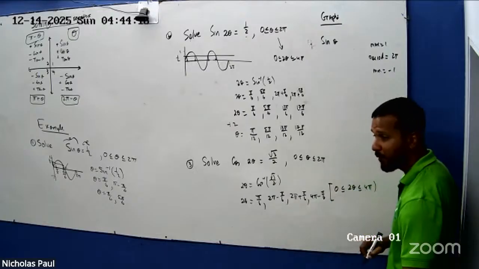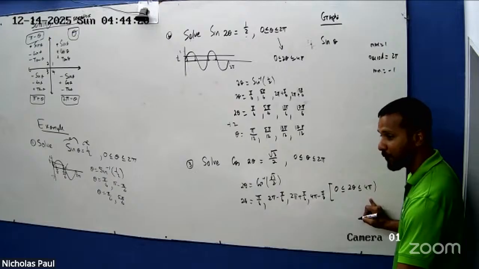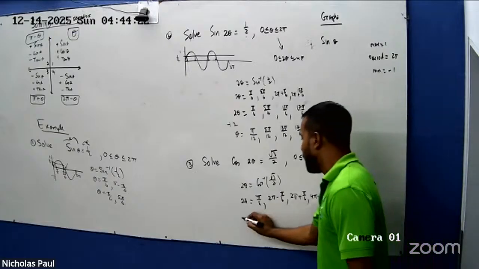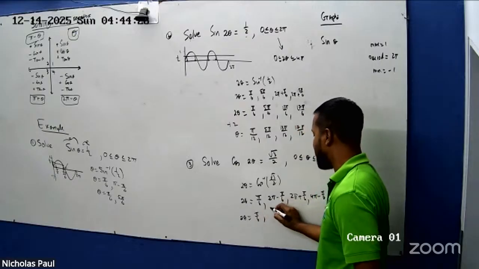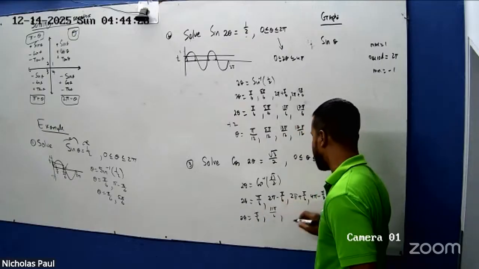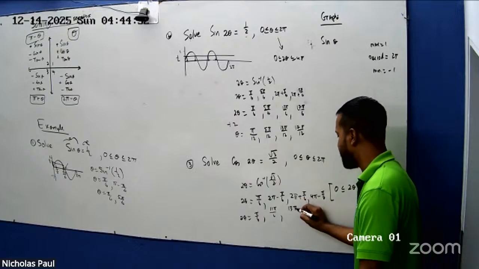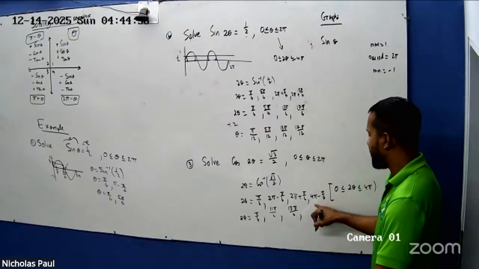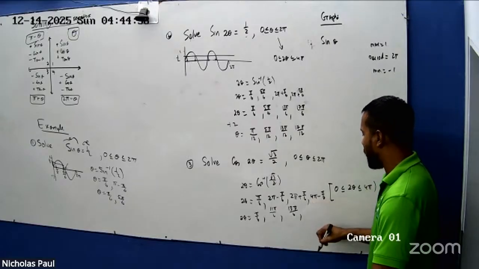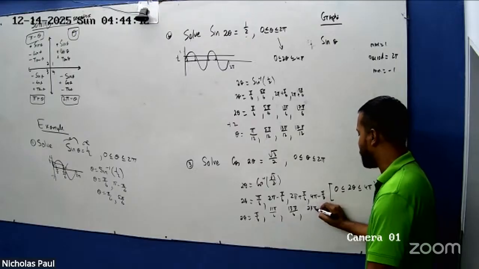That's okay? So it now means I have all the solutions between 0 and 4 pi. So I have 2 theta is pi on 6. 12 minus 1 is 11 pi on 6. 12 plus 1 is 13 pi on 6. 4 pi is 24 on 6, so I get 23 pi on 6.